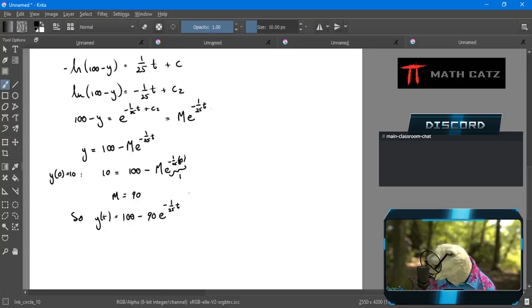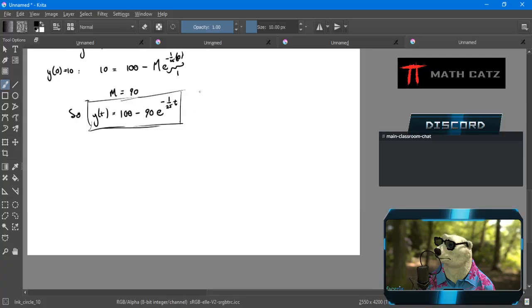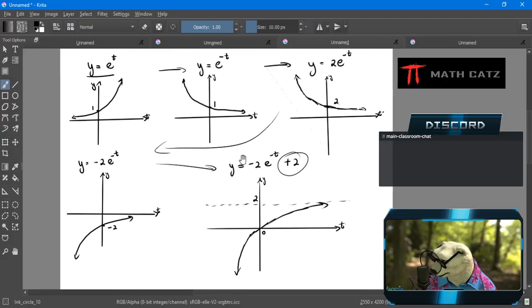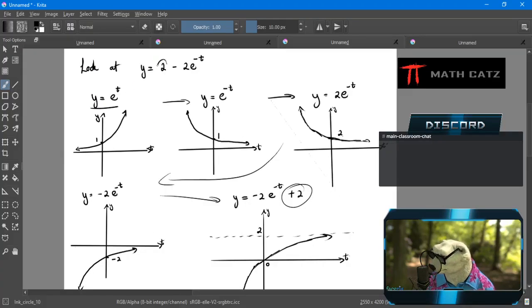All right, so let's put that in a box here. Now, we don't have to graph this terribly accurately, but I do want to know where in this function is the quote-unquote capacity. It comes from this vertical shift in my transformations.